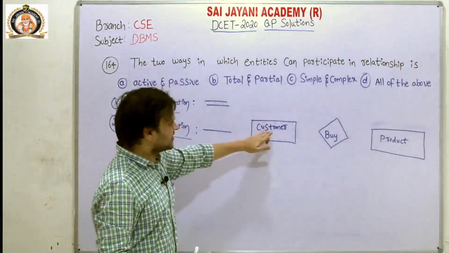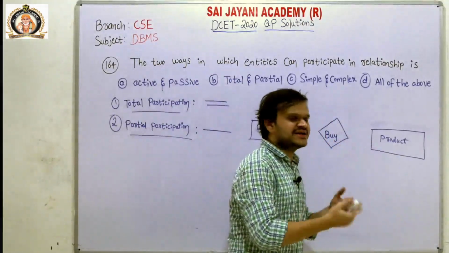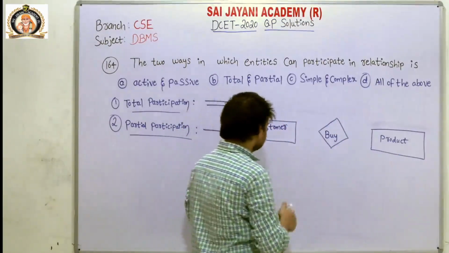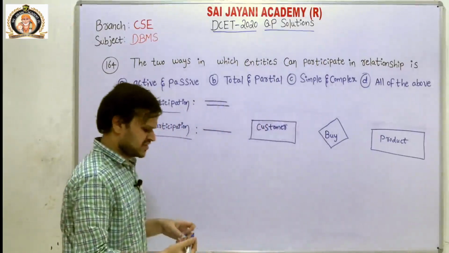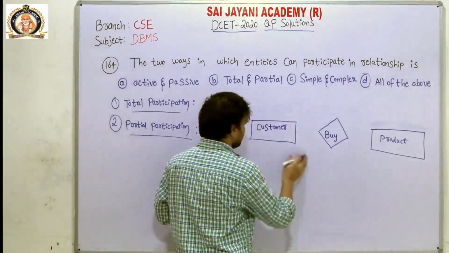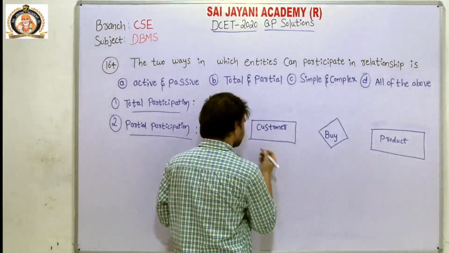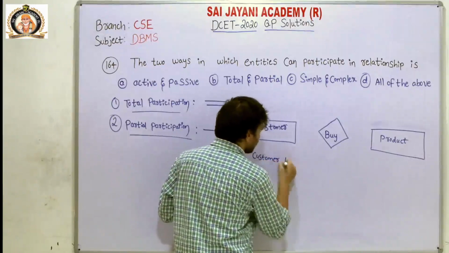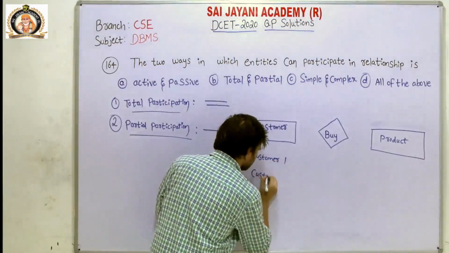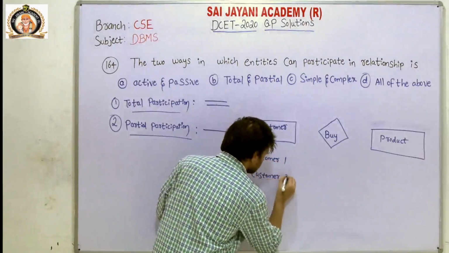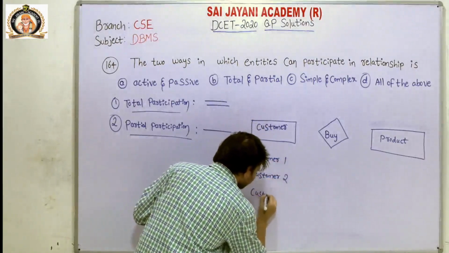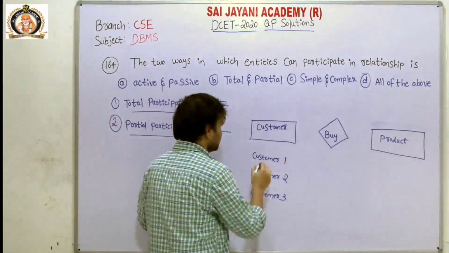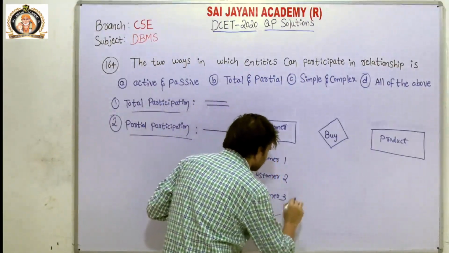Here in customer entity we are having, for example, consider we are having three customers, that is customer 1, customer 2 and customer 3.